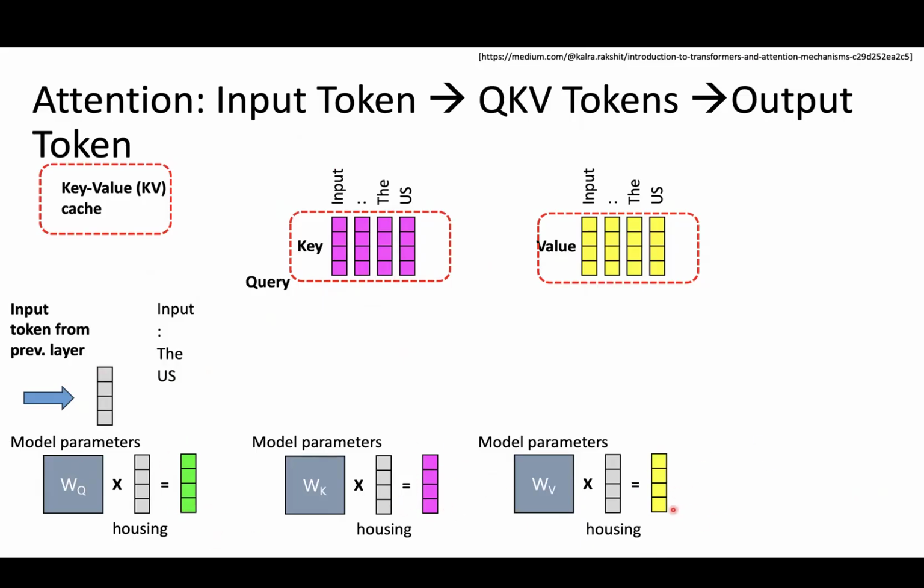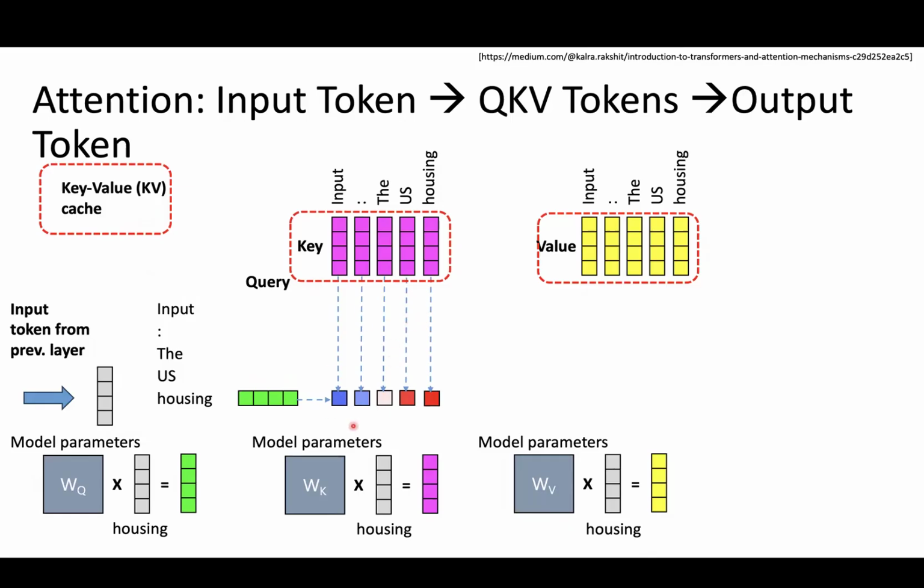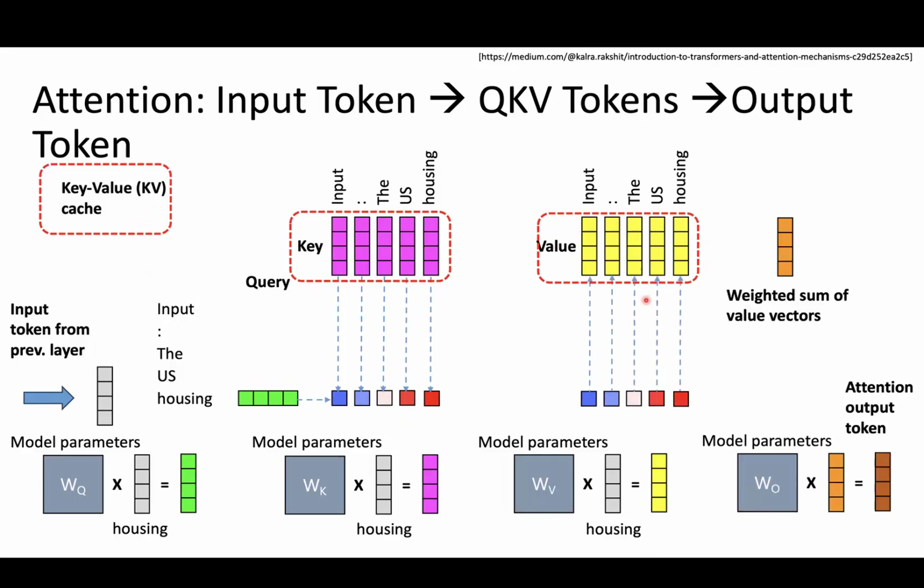We insert the key and value vectors into the KV cache. And using the query vector, we do the attention operation, a vector dot product, to obtain scores. After normalizing them, we use them as weights to do a weighted summation of value vectors. And then output projection. That's the result of the attention layer.